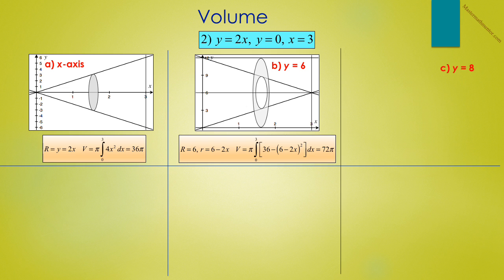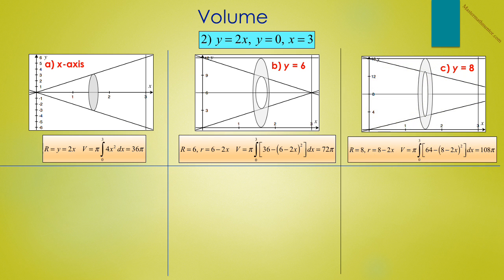So therefore, V is equal to pi integral from 0 to 3 of capital R squared, which is 36, minus little r squared, (6 minus 2x) squared, dx. And our answer is 72 pi.